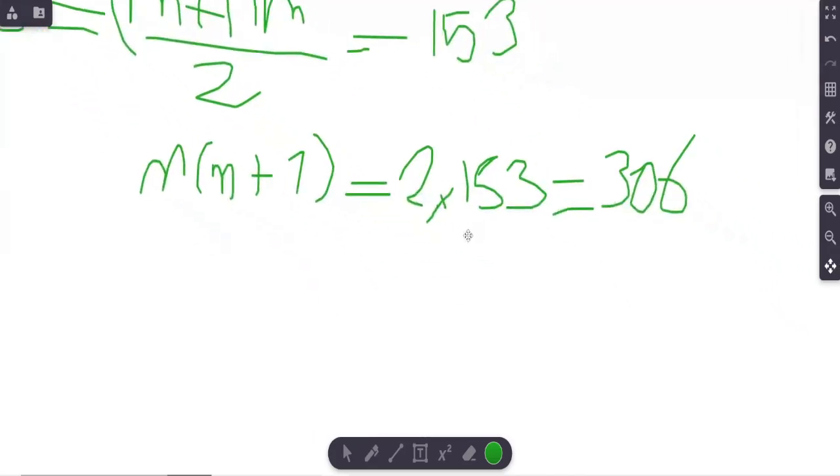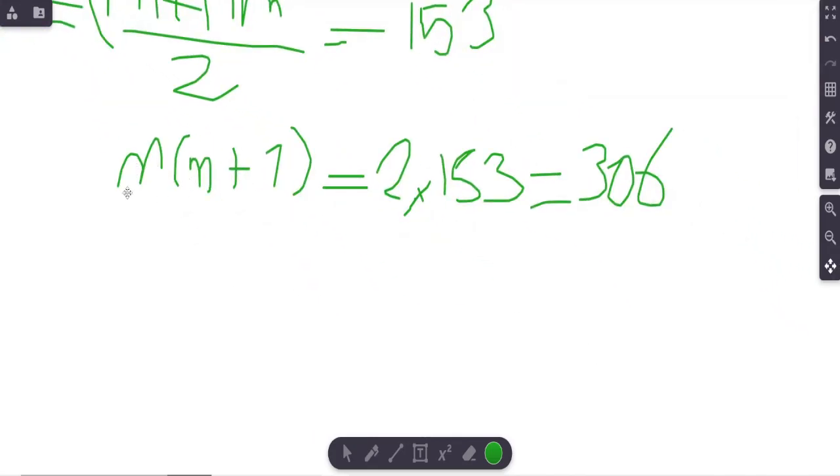So we could develop here and have a second degree equation, but I am going to show you another way to solve the equation. Okay, so here we have n multiplied by n plus 1. So as you see, it is 2 consecutive whole numbers.